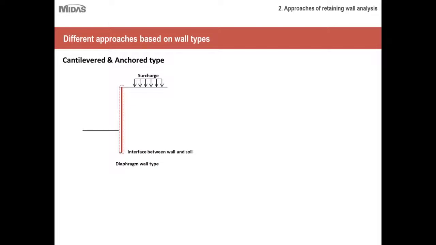Then let's see how we design cantilever walls or anchored walls. So as we know, a cantilevered wall is like just a simple cantilever standing here. You have earth on both sides, and you have some surcharge.